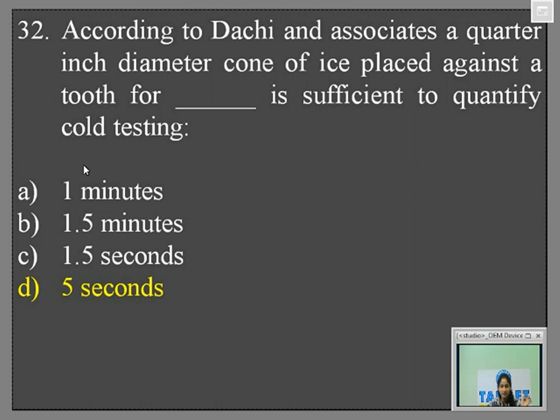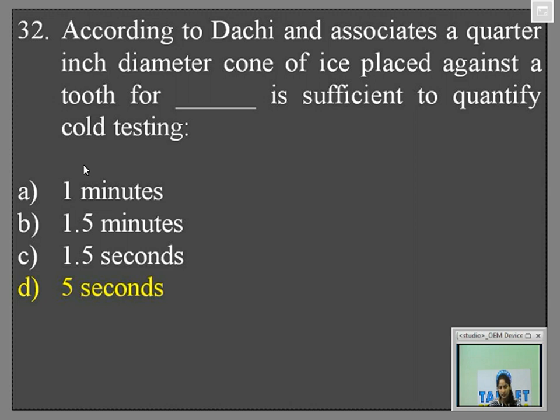So I am repeating the temperatures, okay. Temperatures that are tolerable by the pulp are in the range of 16 to 55 degrees centigrade. Heat testing requires temperatures of 65 degrees centigrade. We have always known that a rise of 10 degrees centigrade from the baseline will elicit a pulpal response.